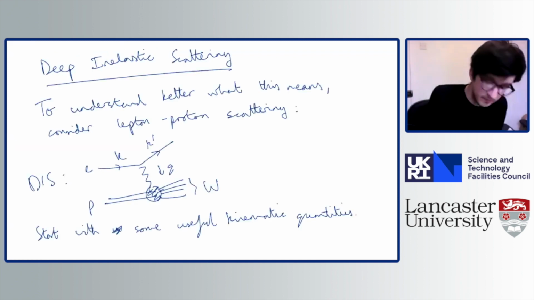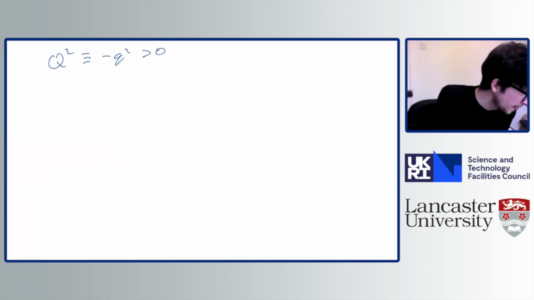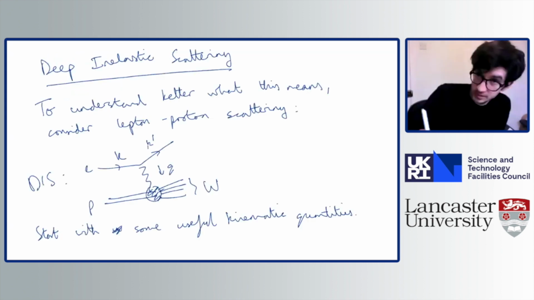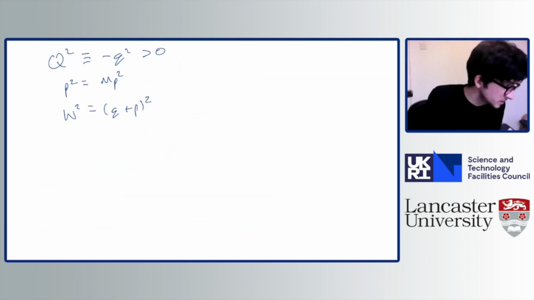That thing there is negative. It's a T-channel exchange, and so the minus of it is always positive. So that's basically why we define that. Okay, p squared is just MP squared, and that we're going to set to 0. And W squared is Q plus P all squared. So that's the invariant mass of whatever the dissociation system is, which would be a load of particles being produced afterwards.